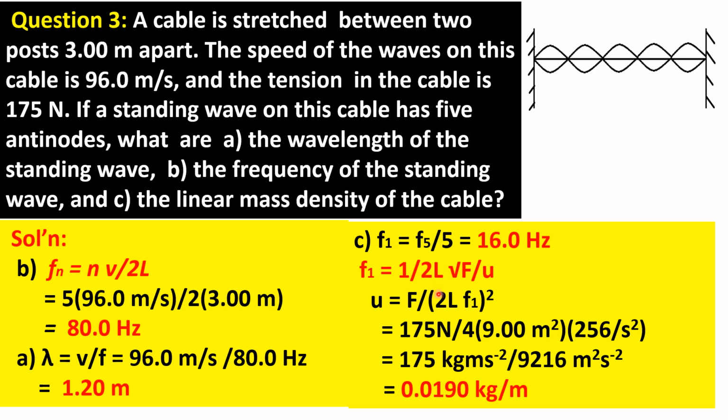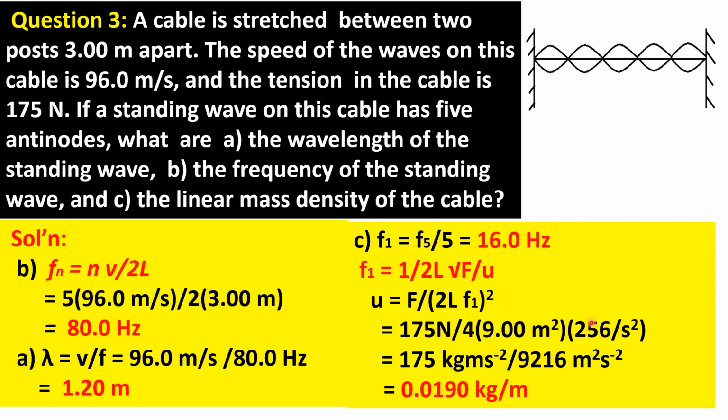Of course, the square of 2 is 4. And the square of F1, which is 16.0 hertz, is 256 per second squared. So, I hope you understand how we got these quantities. 4 multiplied by 9 meters squared multiplied by 256 per second squared.